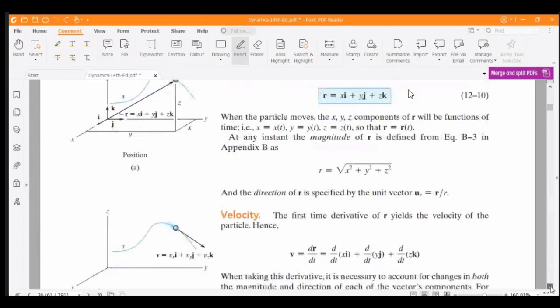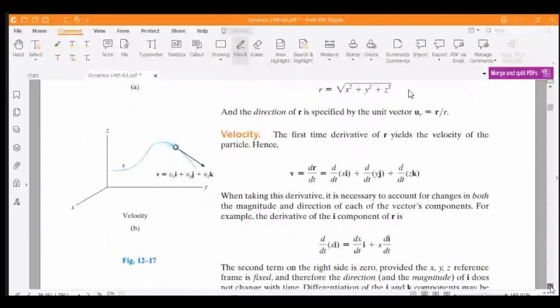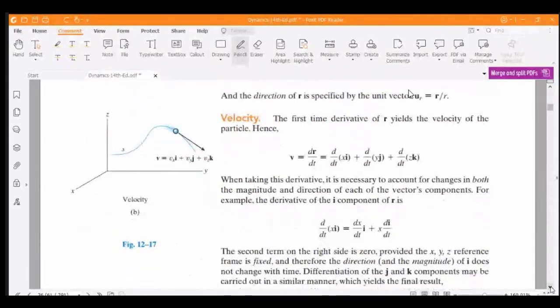The first time derivative of r will be our velocity, because r is the position. If you remember, r is the position, so if you differentiate it with time, it will be velocity.